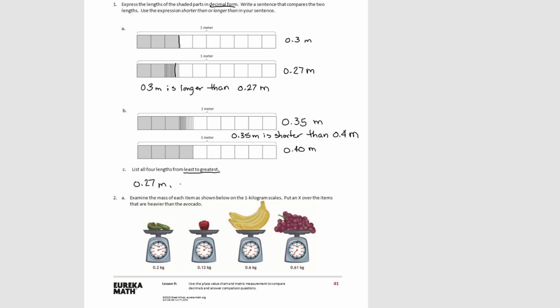The next one would be 3/10 of a meter. Then 35/100 of a meter. And finally, the longest is 4/10 of a meter. And if we look at the 3 lines, we see that in fact, those are ordered in the same way from least to greatest.